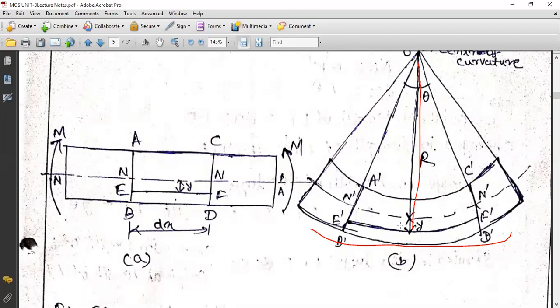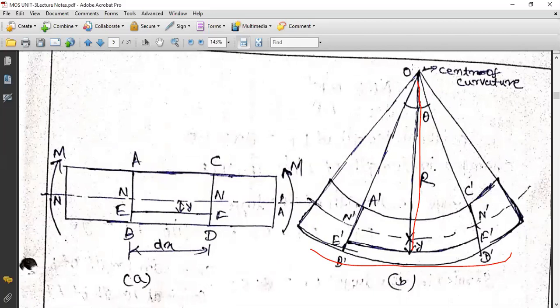The distance from the neutral axis is the same. Here y is the distance, and for E dash F dash the distance is also y. That is the center of curvature.